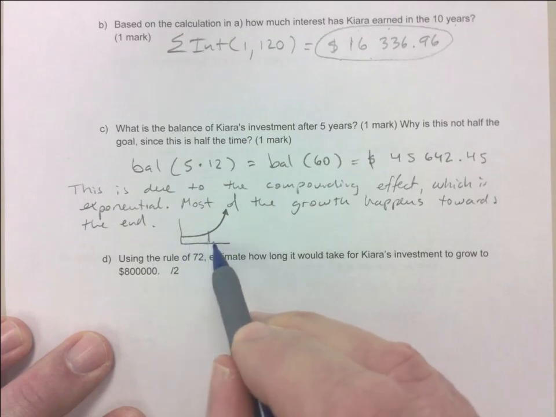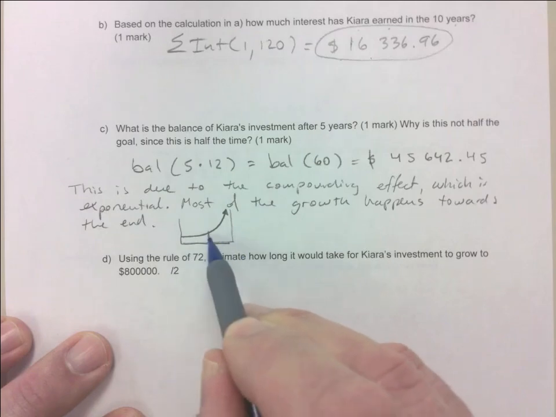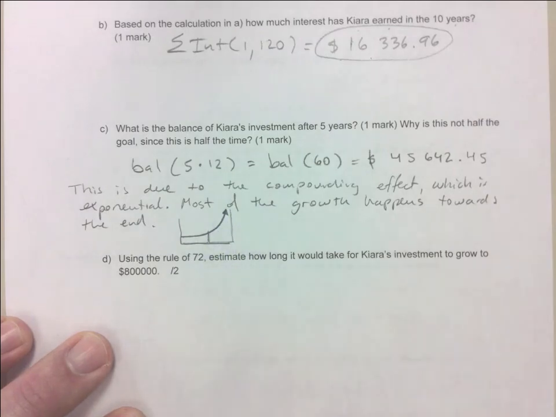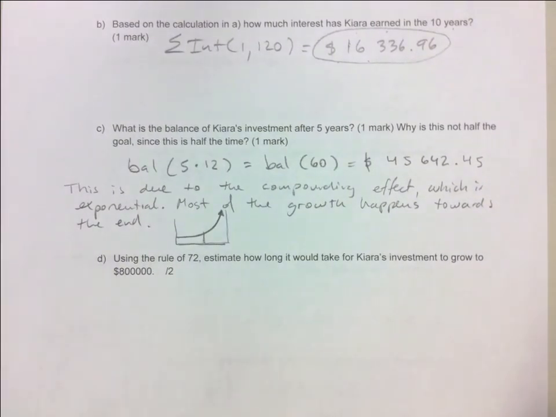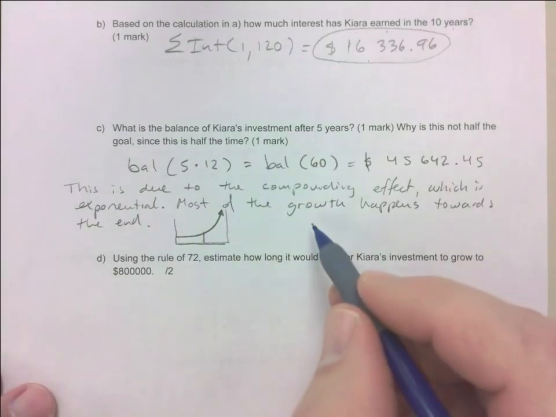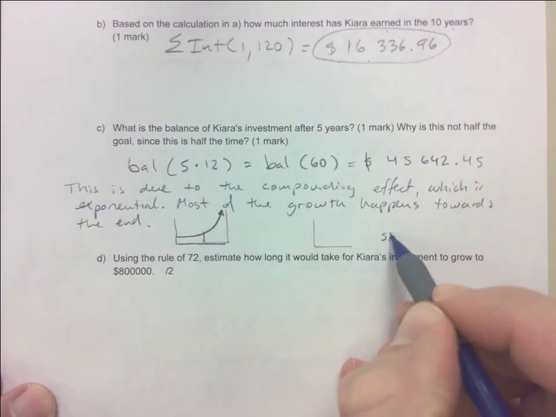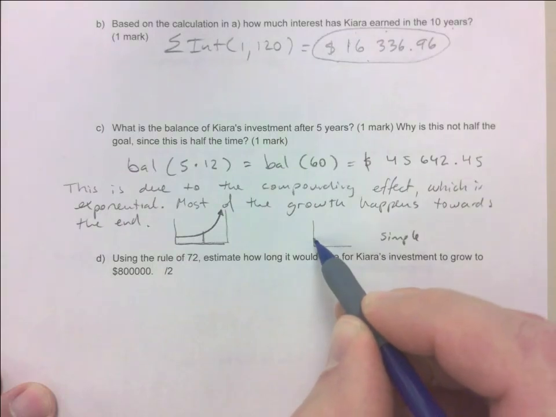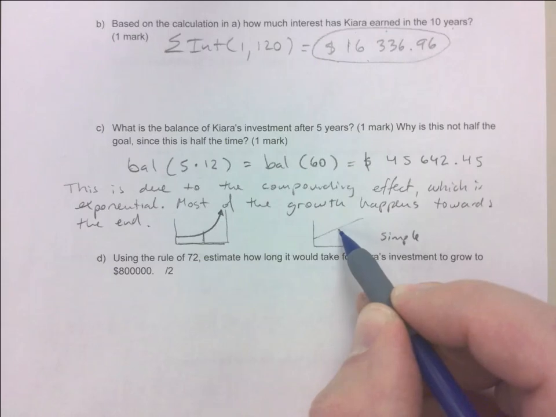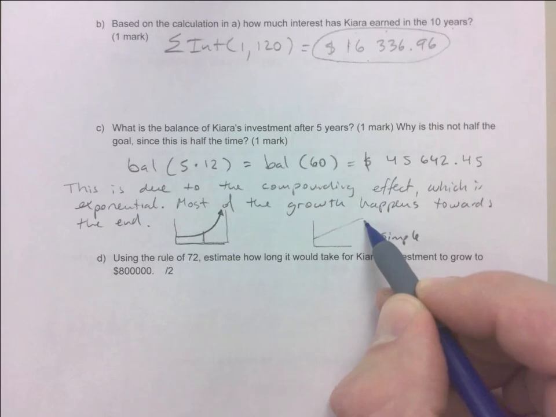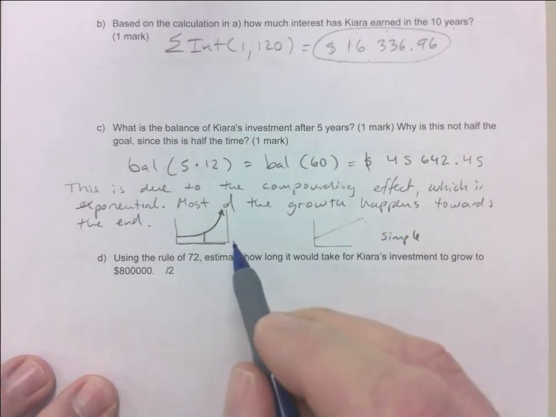So the same time frame, this is 5 years, this is 5 years, but most of the growth happens towards the end, the second half of your investment. Linear, if simple interest, is the same growth. So halfway through, you're expecting to have exactly half of your goal, and then so forth, okay? So this is compound.